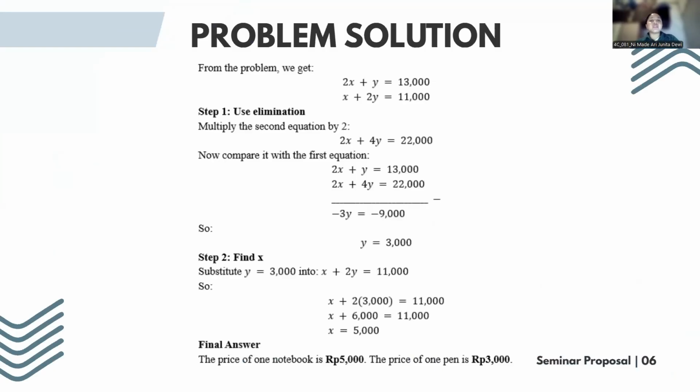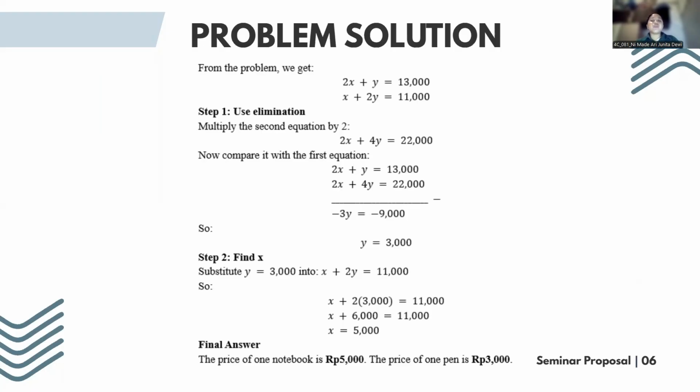From the first statement, 2 notebooks and 1 pen cost 13,000 rupiah, so we can write 2x plus y equals 13,000 rupiah. From the second statement, 1 notebook and 2 pens cost 11,000 rupiah, so we can write x plus 2y equals 11,000 rupiah.